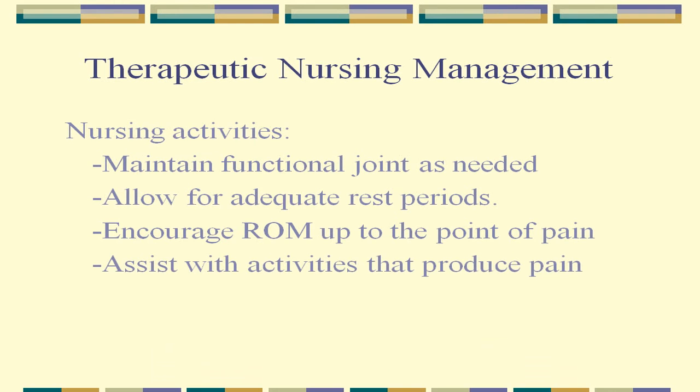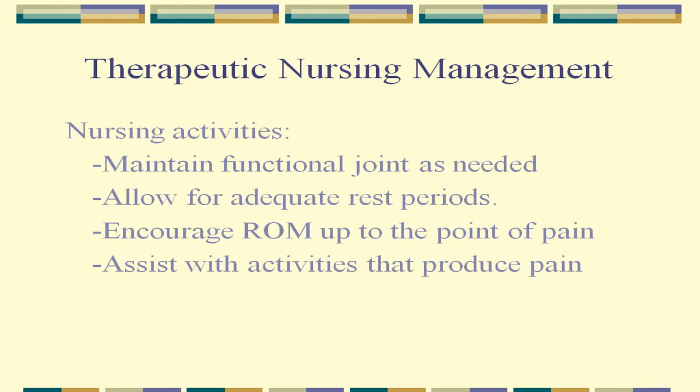So our nursing activities, we want to maintain a functional joint as needed. We need all of our joints, okay? And so the way that we're going to assist this person in maintaining a functional joint, encourage range of motion up until the point of pain. Okay?